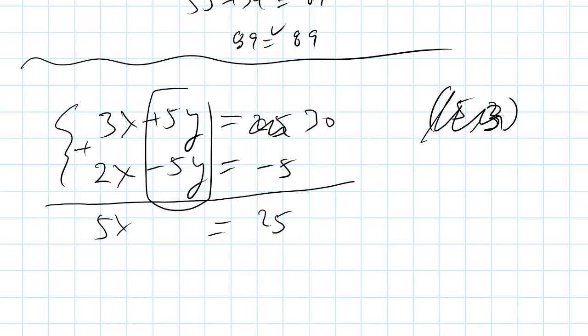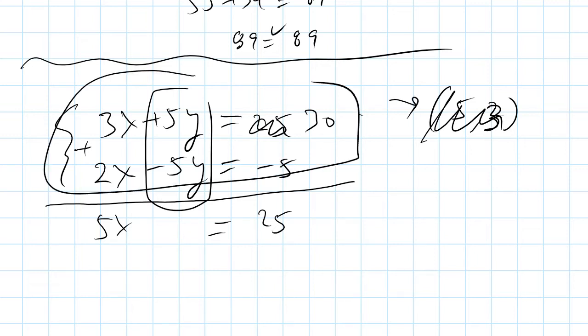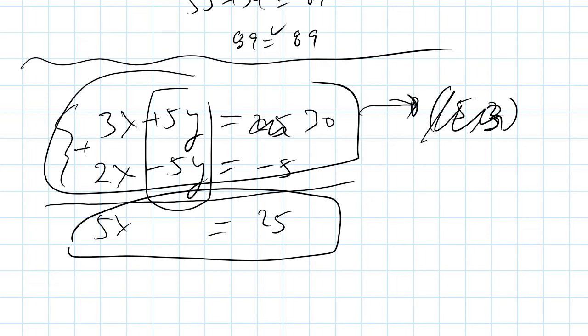So what? It means that whatever the solution set happens to be, which is 5, 3, but let's say they don't know that yet, this new line will also go through that same point. Well, this 5x equals 25, which is the same thing as x equals 5, goes through an infinite number of points.